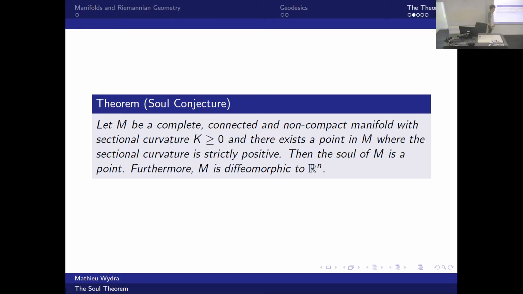Wait, by that you mean the submanifold? Yeah, the submanifold which works. So the Soul theorem proves that there exists something, right? But this Soul conjecture shows that if you have the additional condition of a point where the sectional curvature is strictly positive, then the Soul is a point. And because it's a point, the normal bundle is the entirety of the tangent space, really.